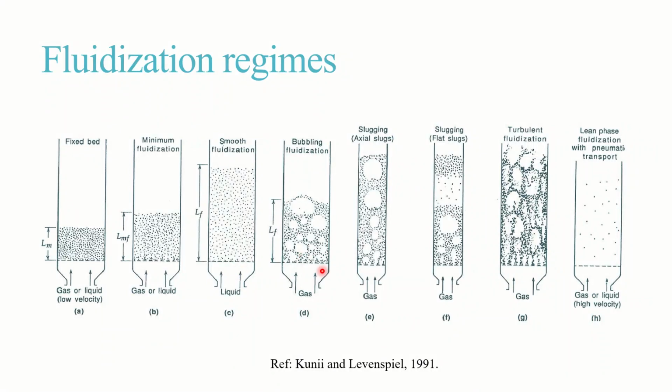But when we are dealing with gas as the fluid, bubbles start to form inside the fluidized bed. This is bubbling fluidization. Initially the bubbles would be small, and the bubble size keeps on growing.